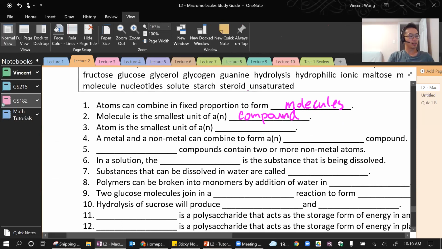Okay, back to the fill in the blanks. Number 3, atoms is the smallest unit of an element.